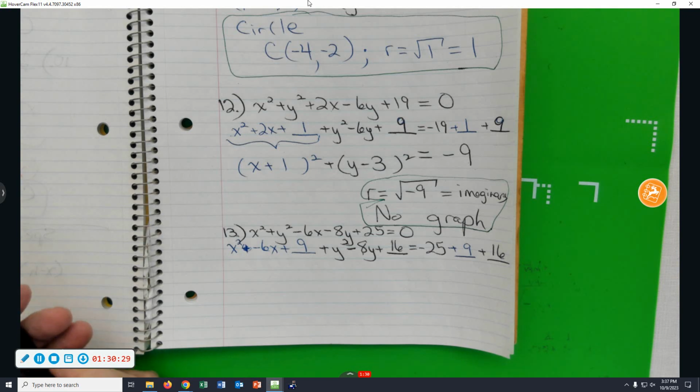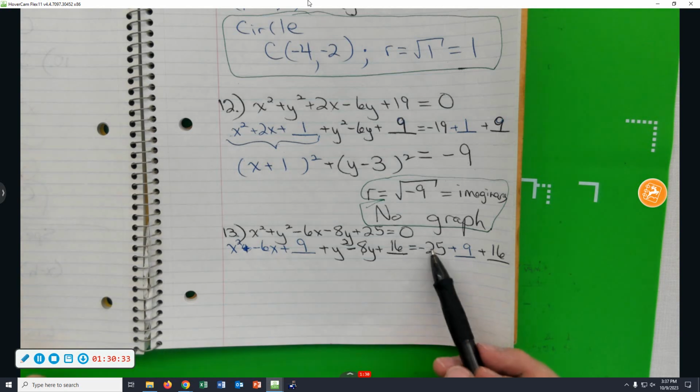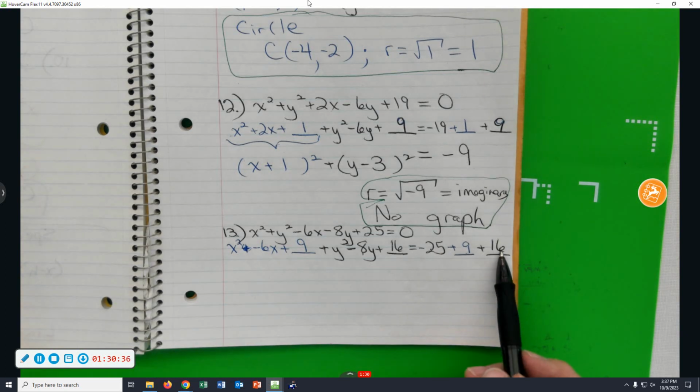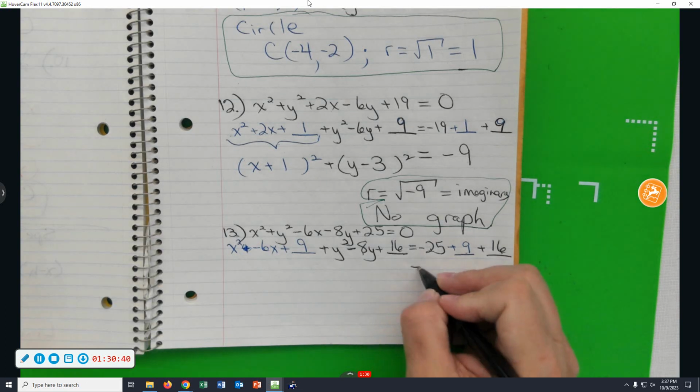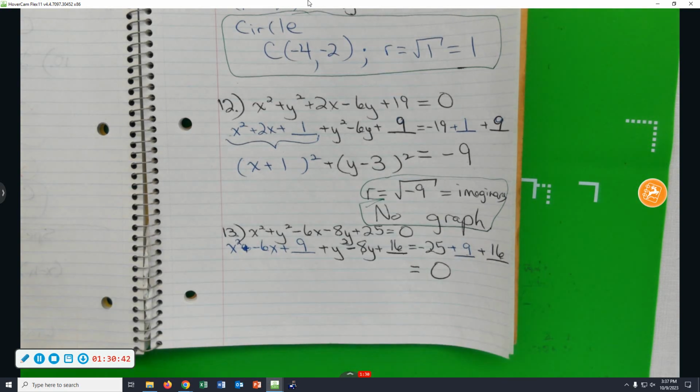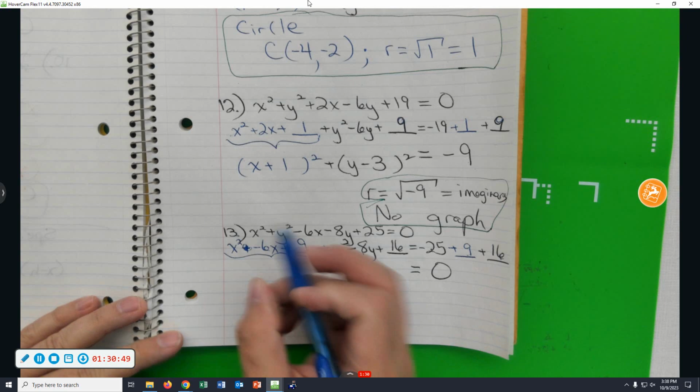What have we got on the right-hand side? Negative 25 plus 9 plus 16. I think we're getting a 0. That means that the graph is just going to be a point. Let's go ahead and factor these terms. Let's factor the x group.